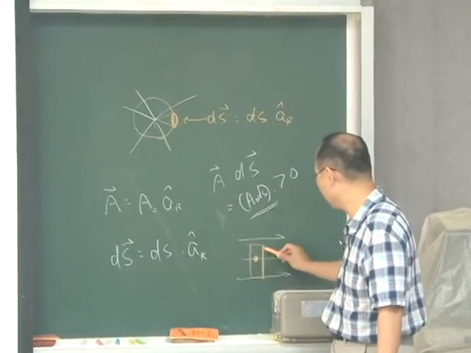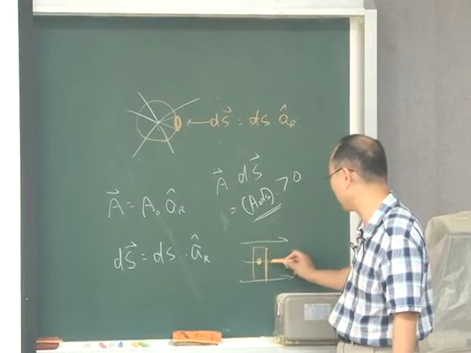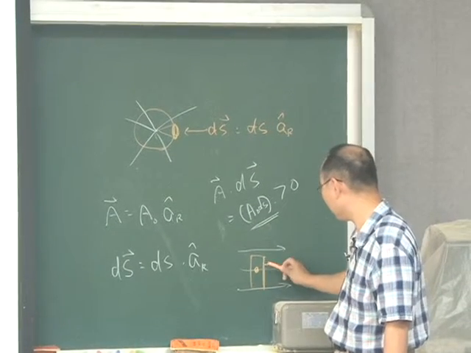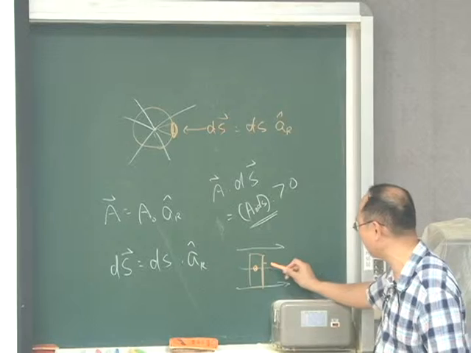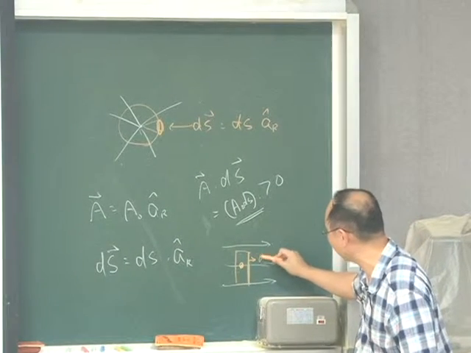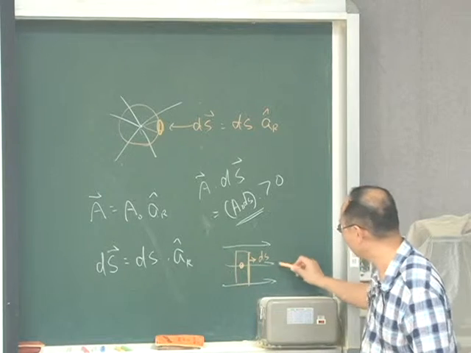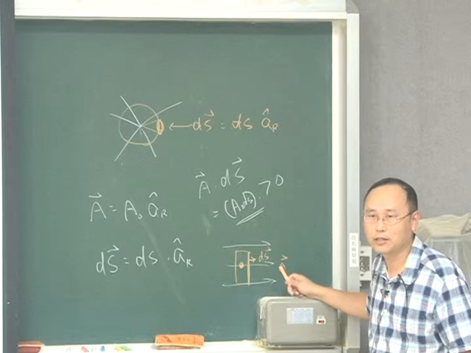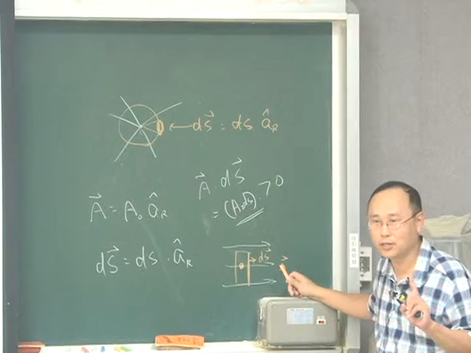For this surface, you have a dot product between the surface direction ds and A, and you get something positive.